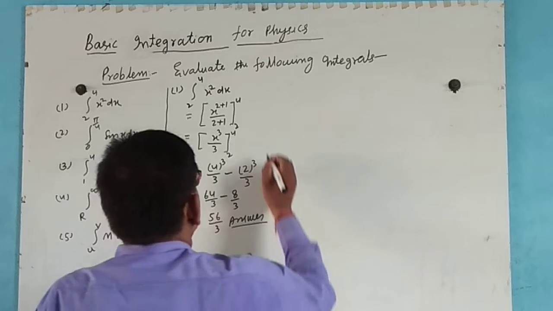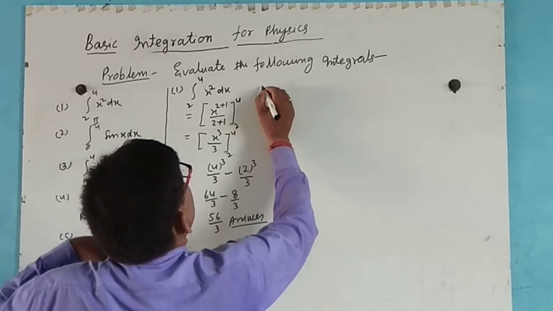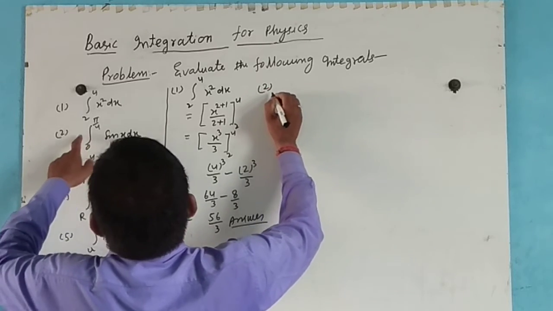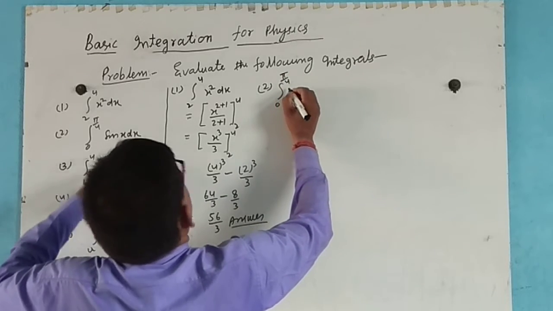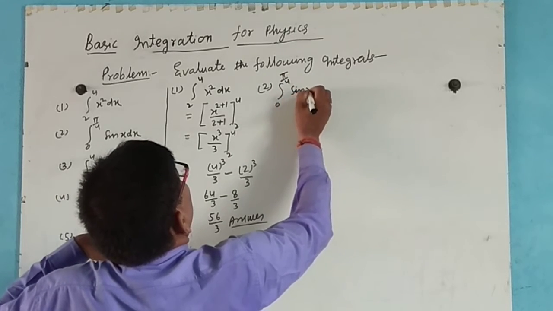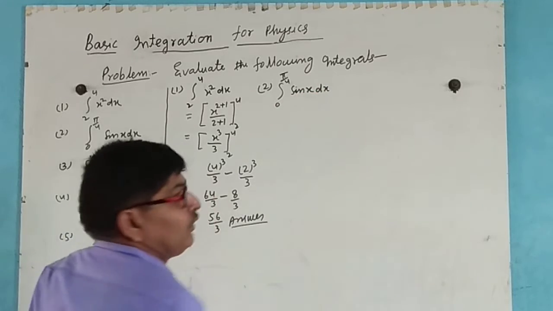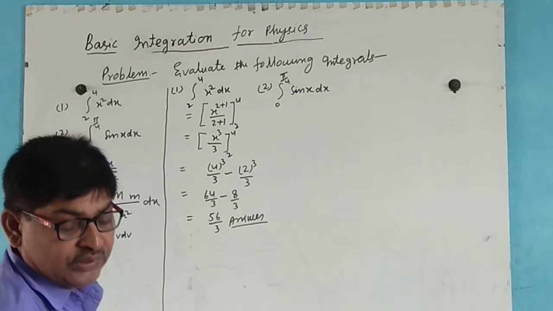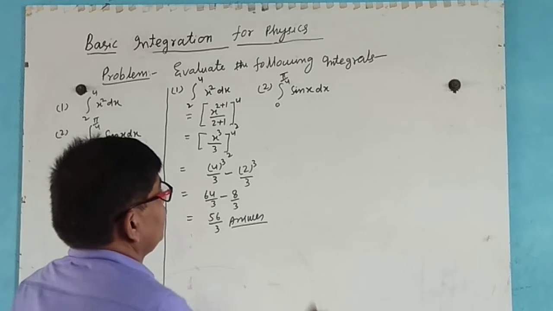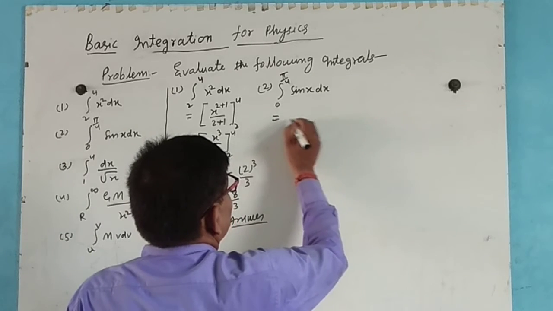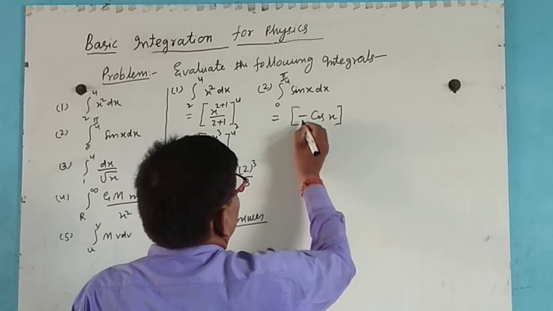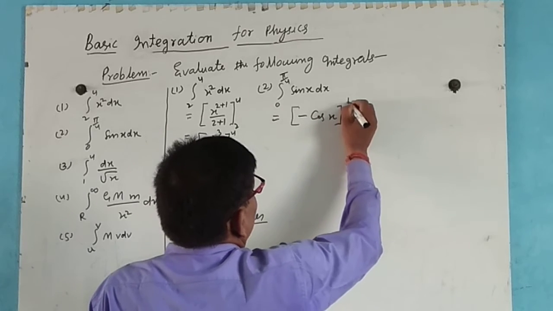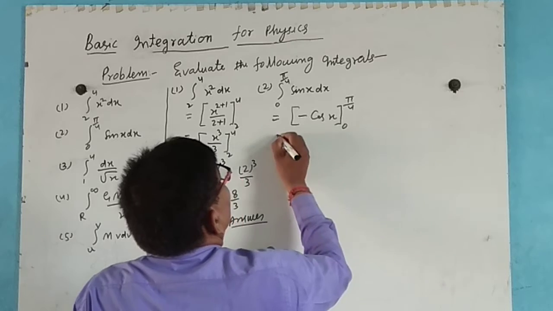Now second problem: integration from 0 to pi by 4 of sin x dx. Integration of sin x is equal to minus cos x, and the limit will be 0 to pi by 4.